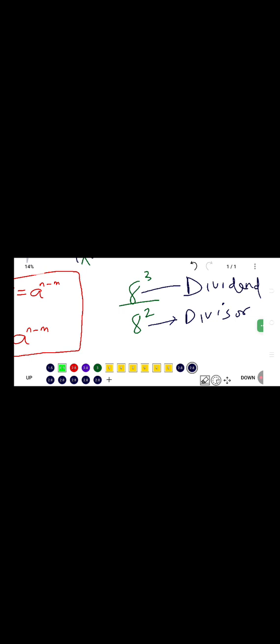So the law says that the power of the divisor, that is the power of the 8 in the denominator, is subtracted from the power of the dividend, that is the power of 8 raised to power 3. So it gives us 8 raised to power 3 minus 2. We subtract 2 from 3. That is what the law is simply saying: subtract the power of the divisor from the power of the dividend.